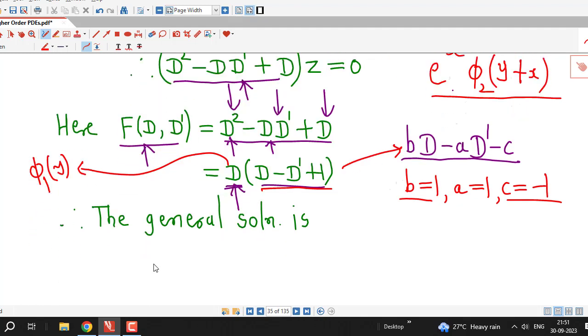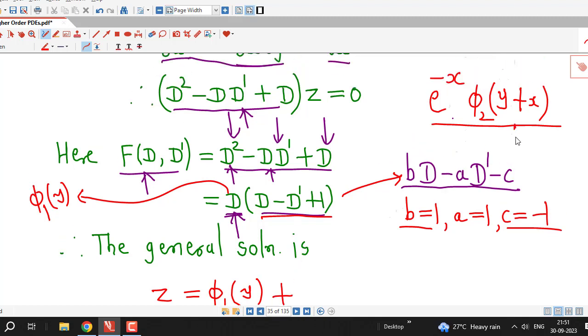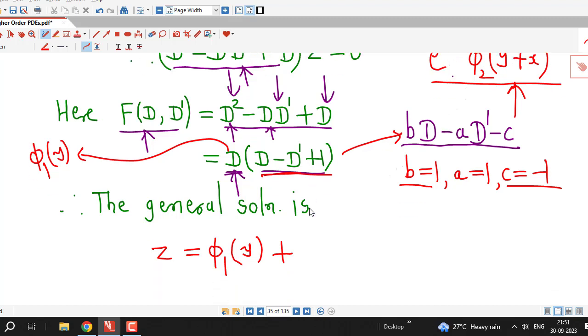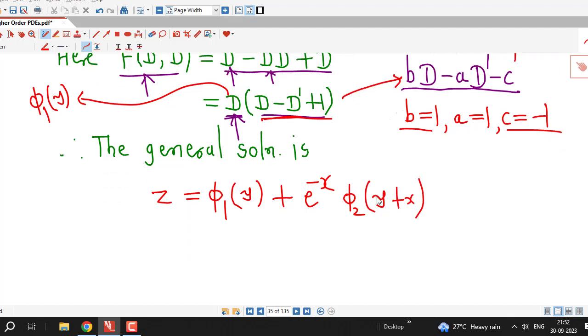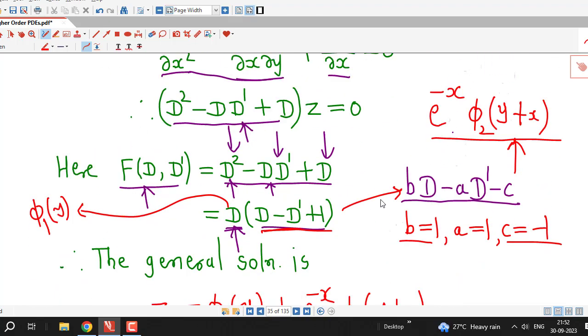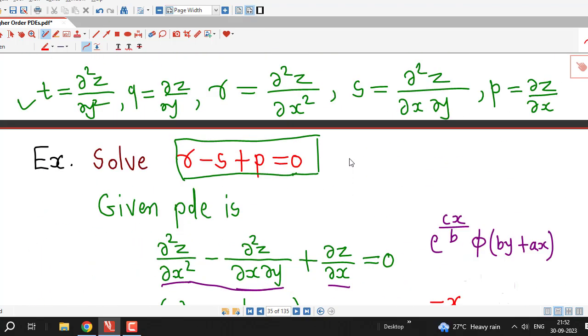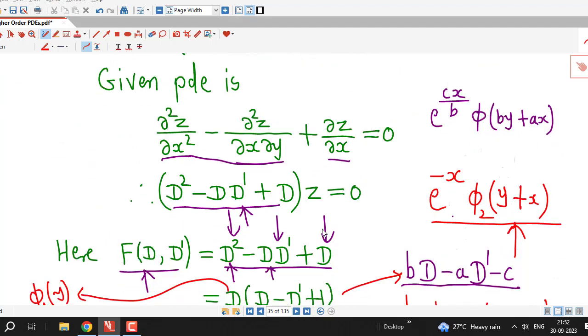And we write down the general solution by taking the addition of these two, an arbitrary function of y plus e raised to minus x times an arbitrary function of y plus x corresponding to this factor, where phi 1 and phi 2 are arbitrary functions. This is the general solution of this equation in which F(d, d dash) is non-homogeneous.